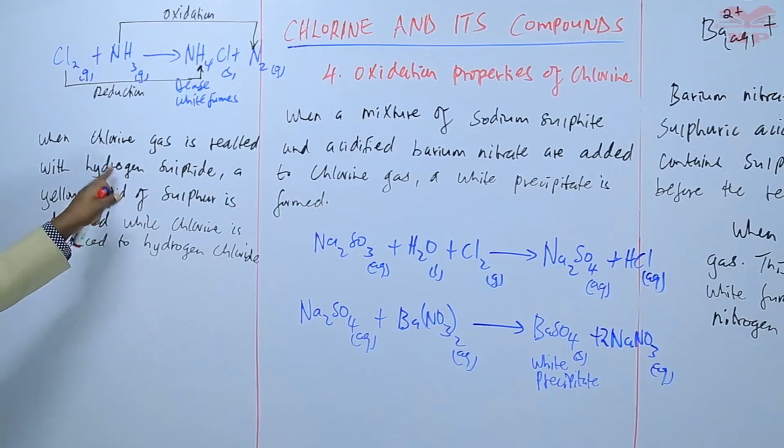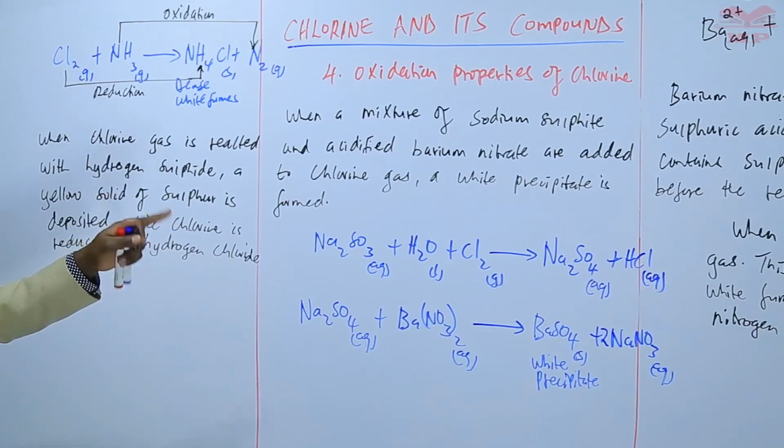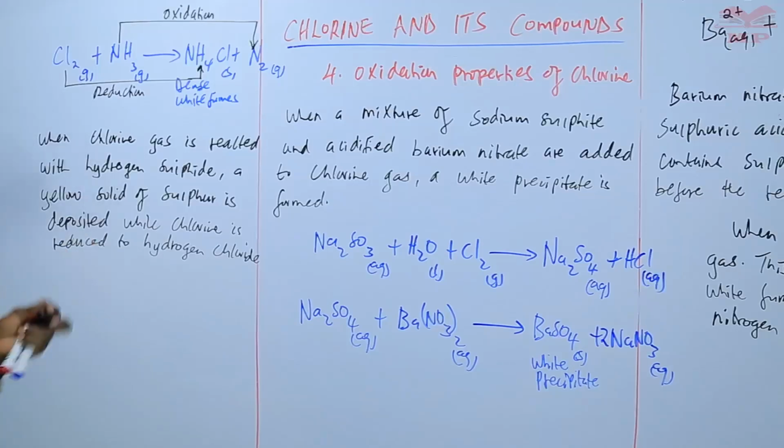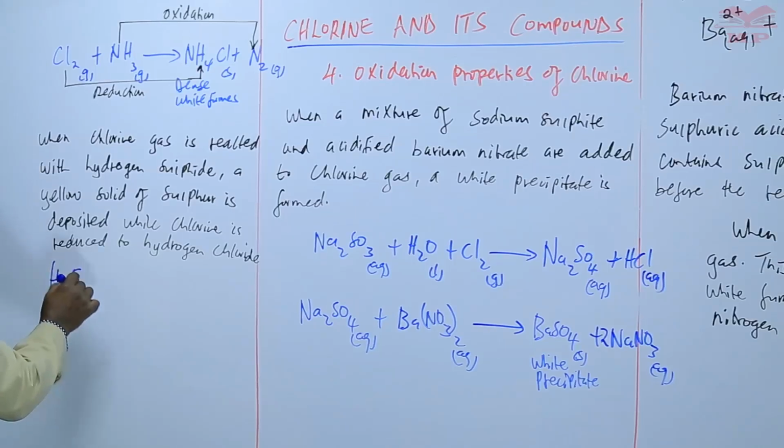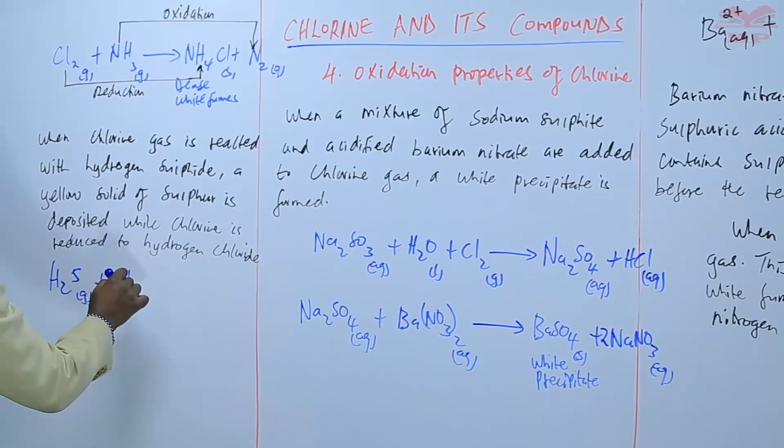So we are saying that addition of hydrogen is reduction. Loss of hydrogen is oxidation. So here we are saying that hydrogen sulfide gas plus chlorine.